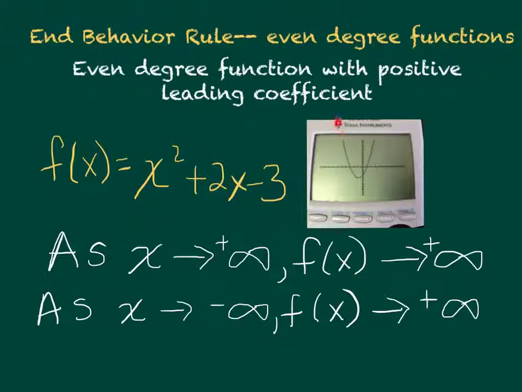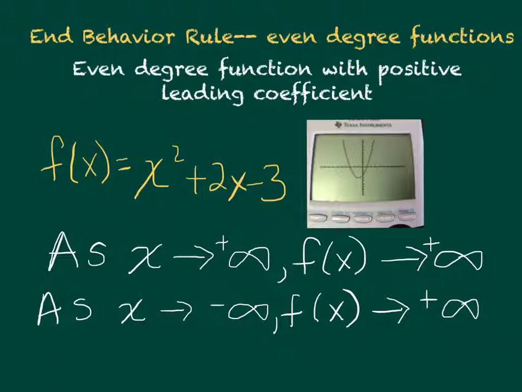And if you look at the opposite direction, the function is going in the same way. So if the input is going negative or more negative, the values of the function are going positive. And so as x goes to negative infinity, the function goes to positive infinity.